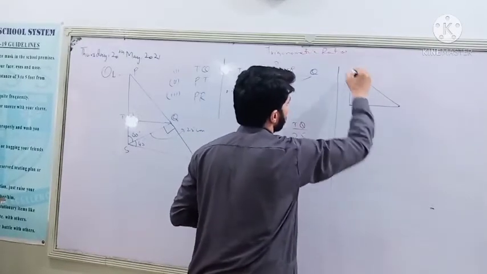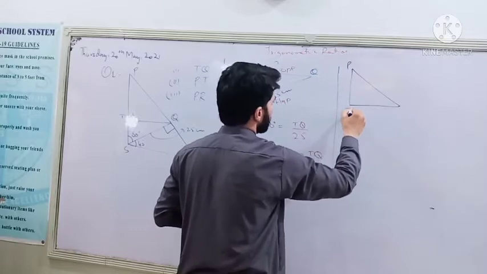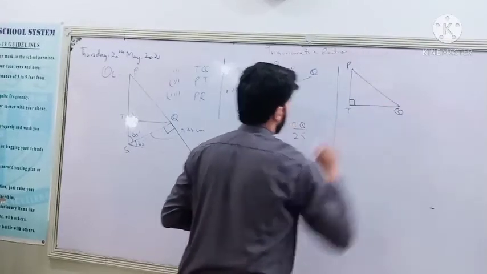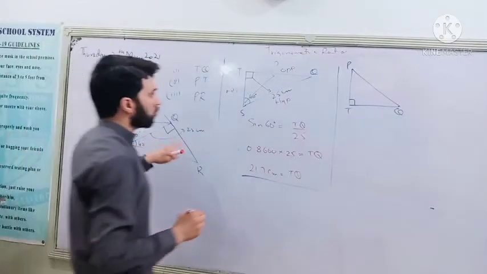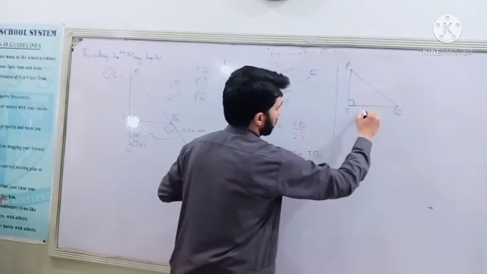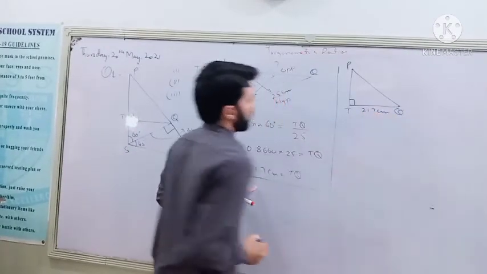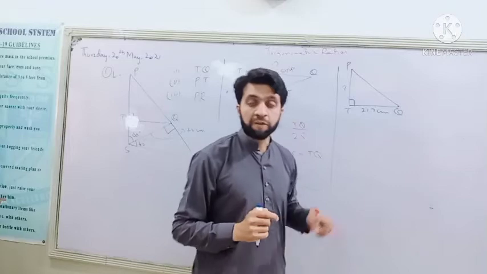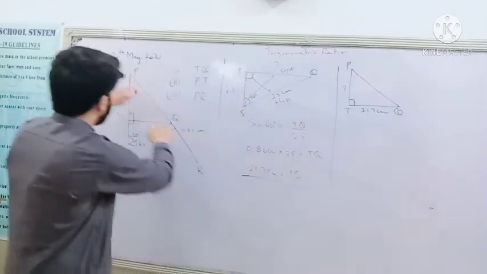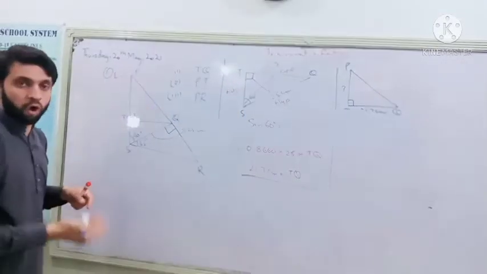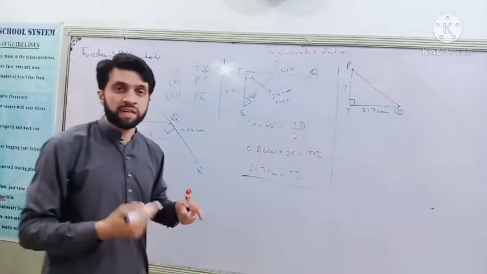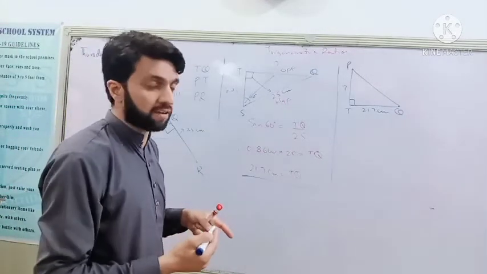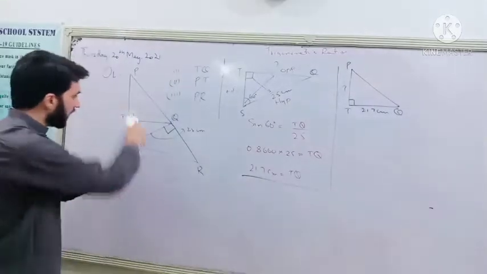This is P, T, and Q. We have found TQ is 21.7. To find PT, we need an acute angle, but we do not have an acute angle in this triangle PTQ. So how can we find the angle in this triangle? See this figure.